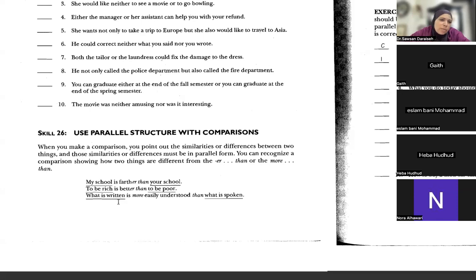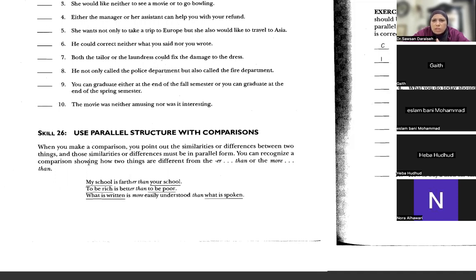Right. But now I want to remind you of other ways in which you can make comparisons. When you make a comparison, you point out the similarities or differences between two things. What do we compare?